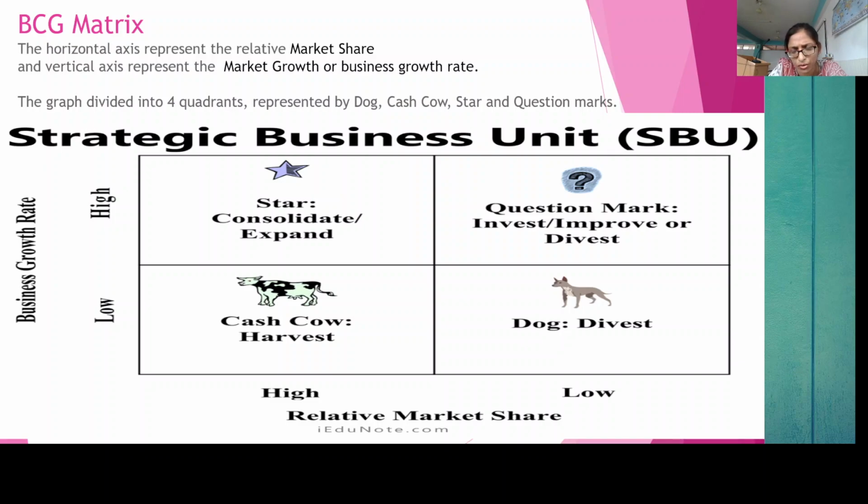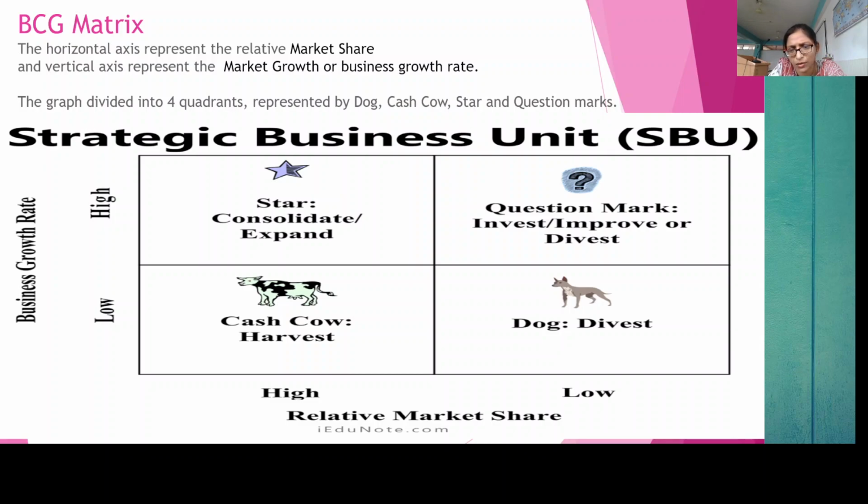It is a critical situation where we don't know exactly whether in future this product is going to be a star or a dog. If we invest strategically and efficiently, there is a chance that this product will become a star. And if we don't give that much importance or focus to this category, then there is a high chance that it will become a dog. What is dog? We will be discussing.